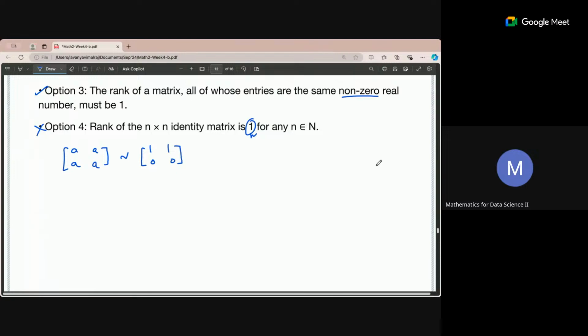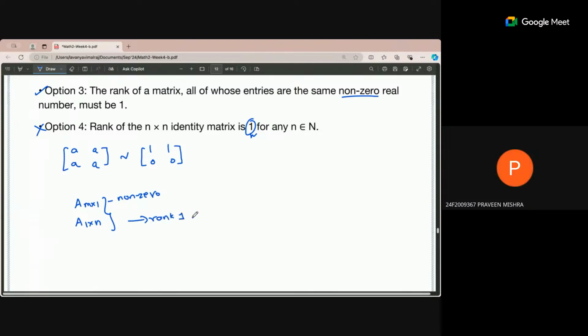So what he was asking is that suppose you are having an m by 1 matrix, or a 1 by n matrix, and it is non-zero, then the rank of those matrices is 1.